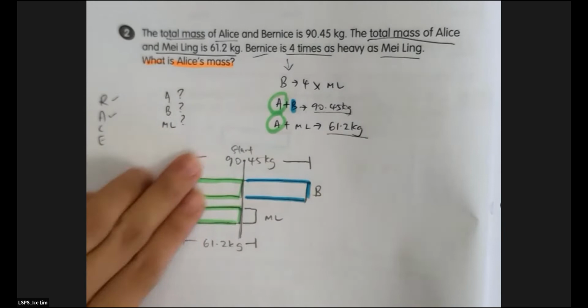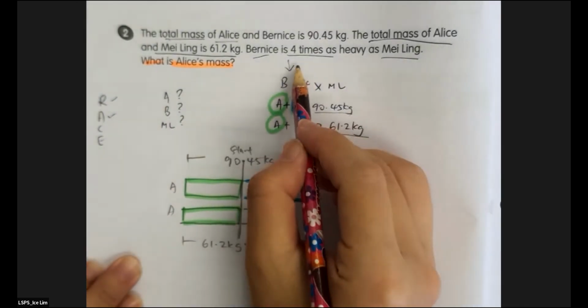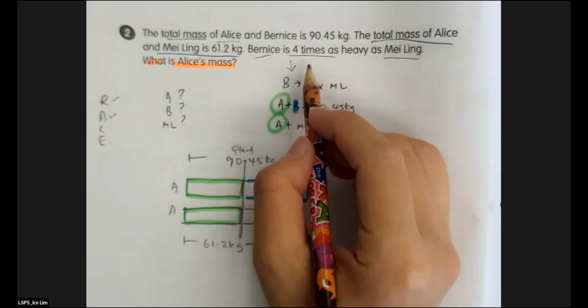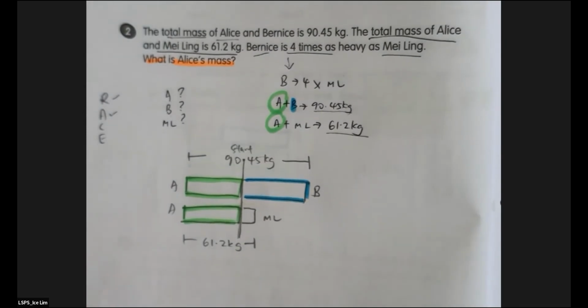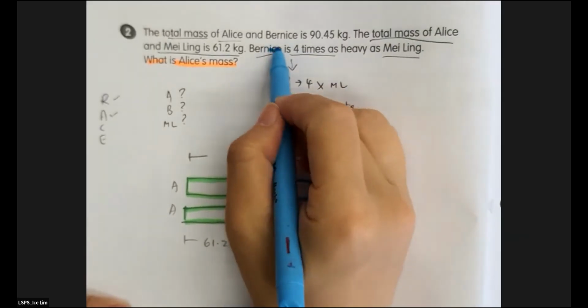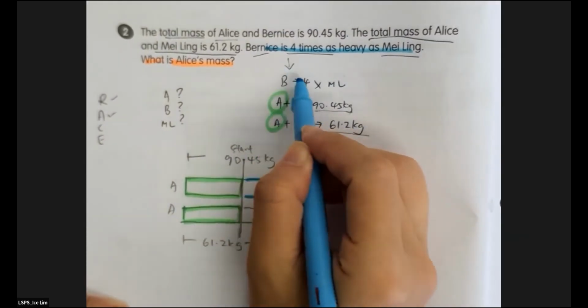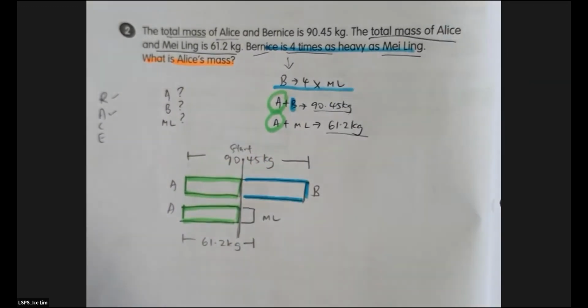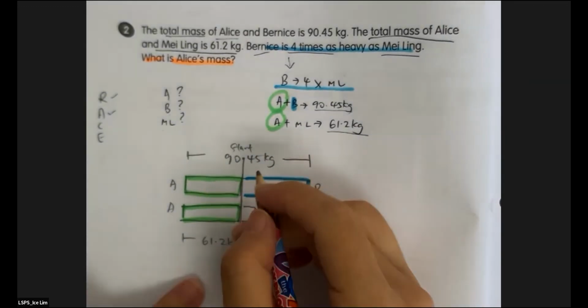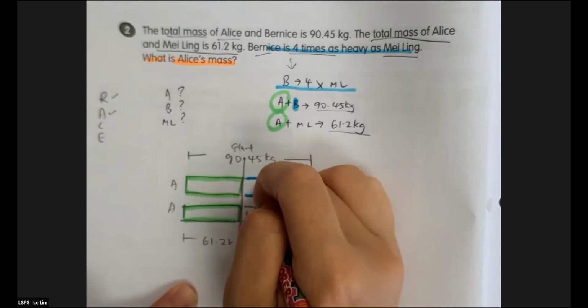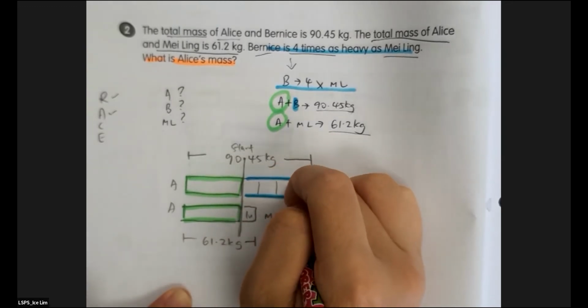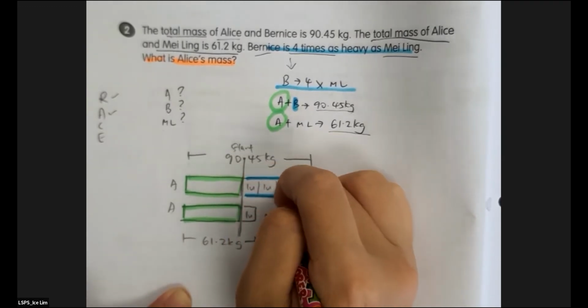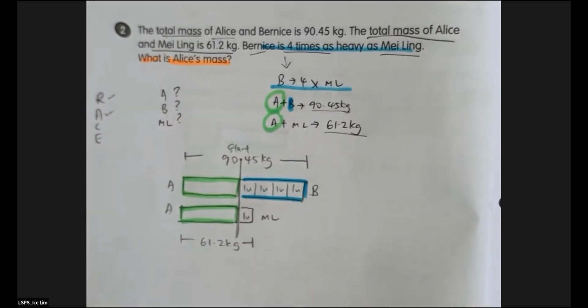Now, after I reach this stage, I look at the last bit of information that I have not utilized yet, which is this part. Bernice being 4 times as heavy as Mei Ling. In other words, Mei Ling is 1 unit, and I can chop Bernice up into 4 units here.